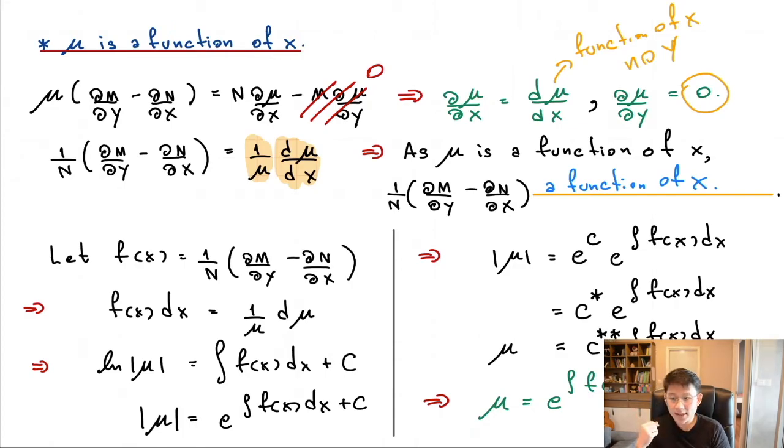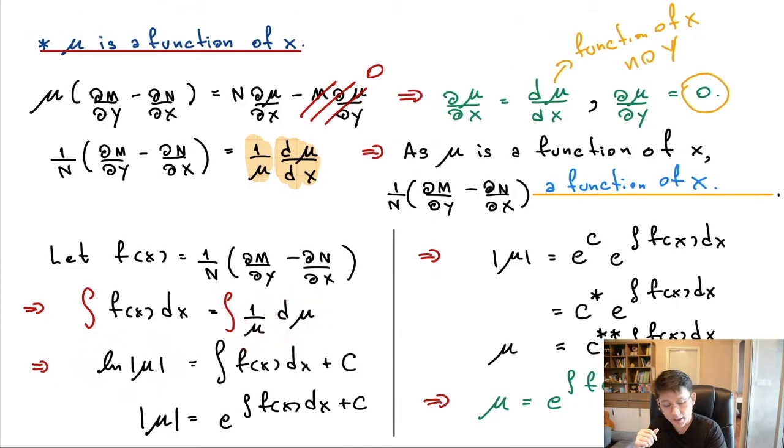Well, after that I integrate this equation. If I integrate it, I need to have a constant afterwards, but let's integrate it first. So the integration of 1 over mu d mu is log of absolute mu, isn't it?